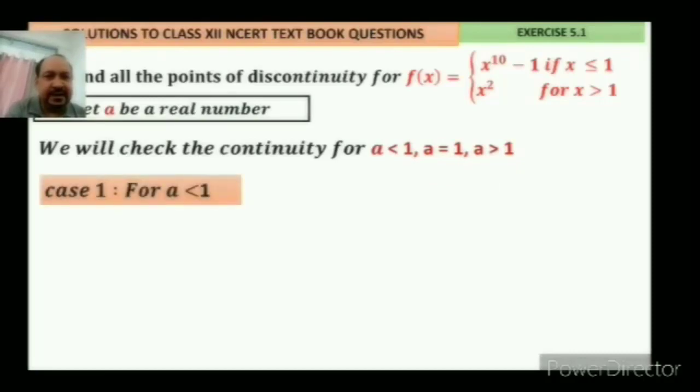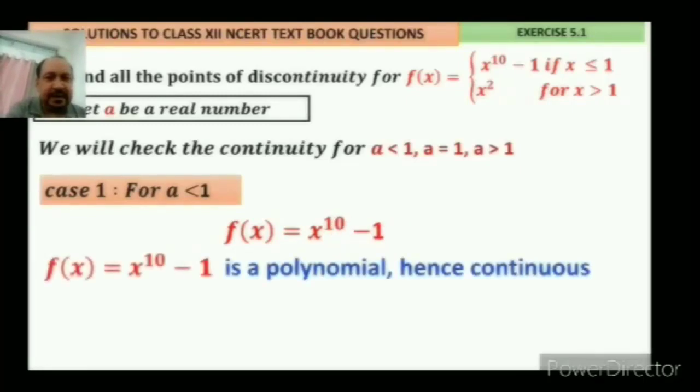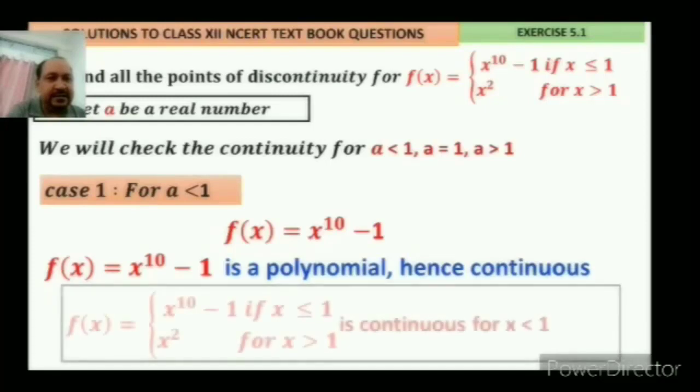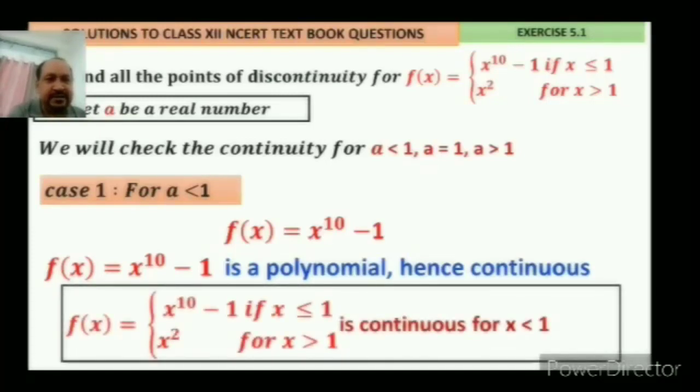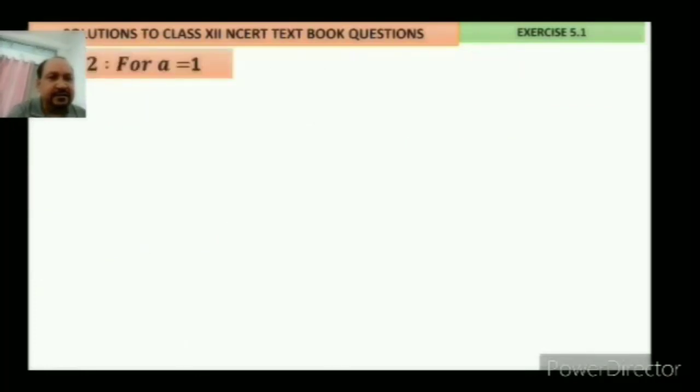Case 1, a less than 1. f of x equal to x power 10 minus 1 is a polynomial function, therefore it is continuous. So you can conclude that the function is continuous for x less than 1.